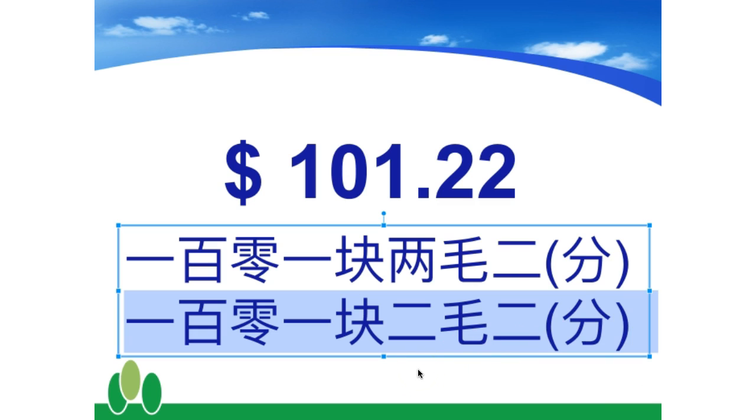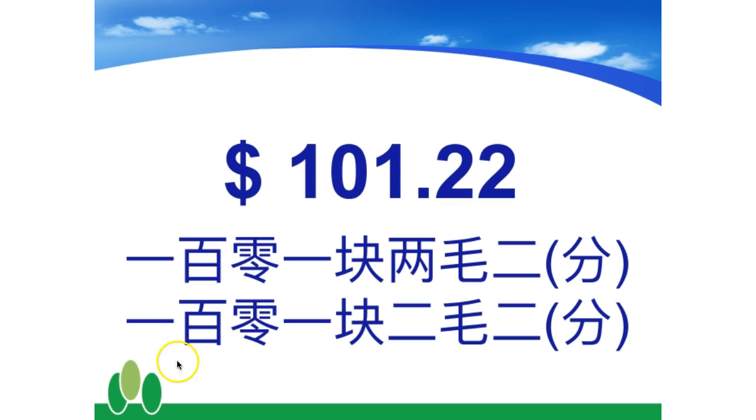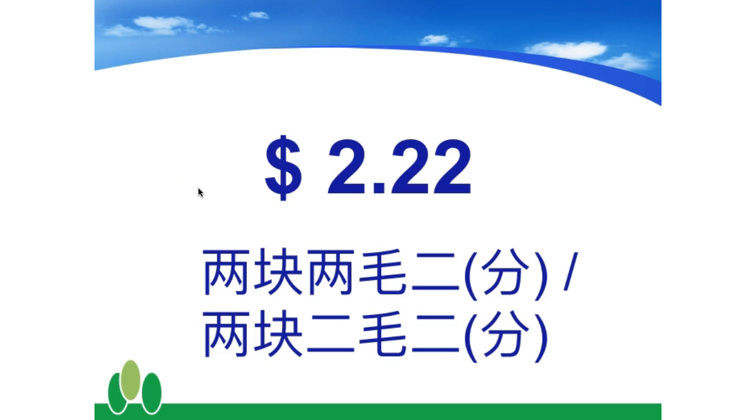Sometimes it doesn't change in front of mao or fen, even when it should. So you might hear both of these ways to count. 101块2毛2分. Let's look at another way to count $2.22. 2块2毛2. Or I can say 2块2毛2. Both of these are common ways too.